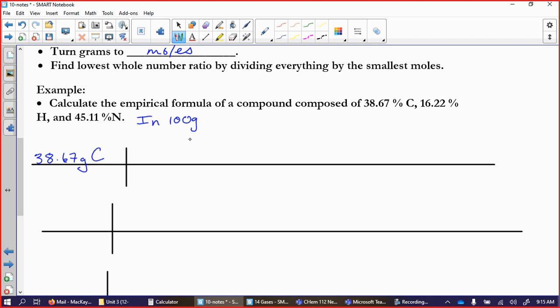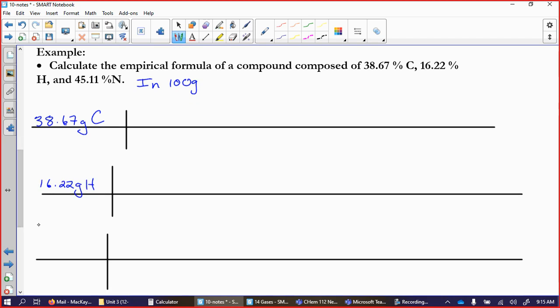If 16% of 100 grams is hydrogen, we're going to have 16 grams of hydrogen. If 45% of that 100 grams is nitrogen, we're going to have 45.11 grams nitrogen. Well, we don't like that.